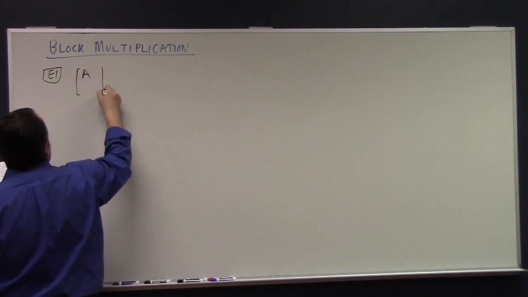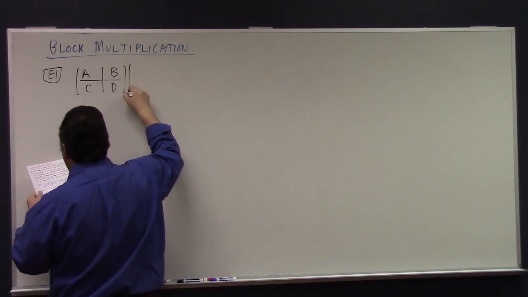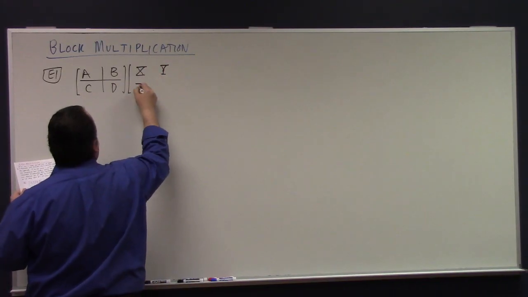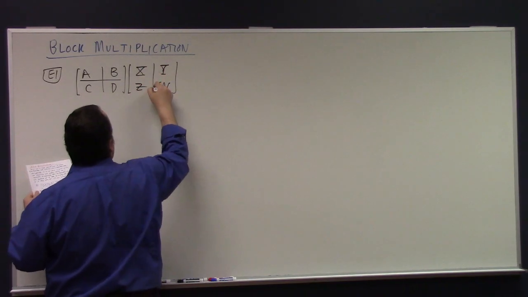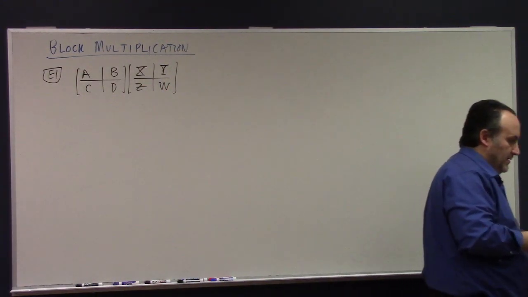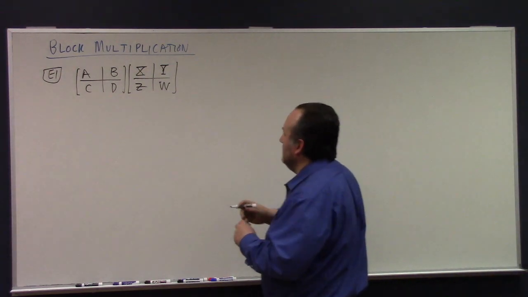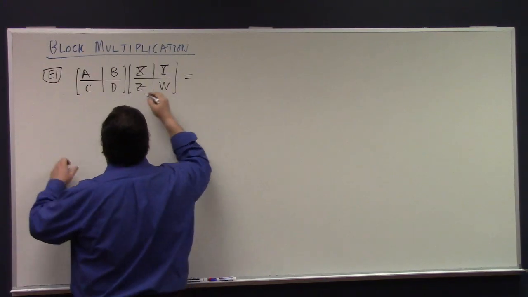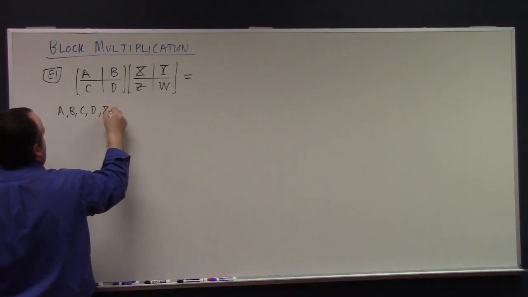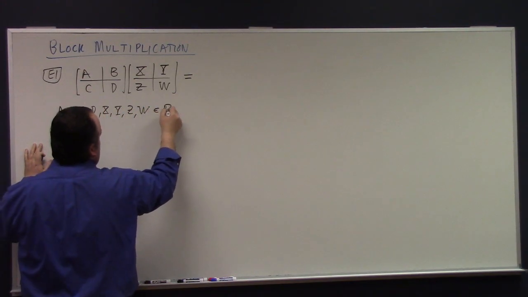If I have A, B, C, D like this, and I multiply by X, Y, Z, W like that, these A, B, C, D, X, Y, Z, and W are actually all n by n matrices.